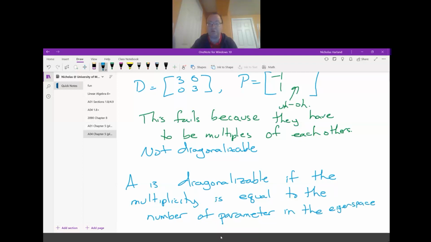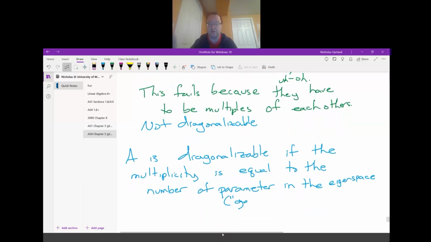You don't need to know this word, but this does have a name. It's called the geometric multiplicity.